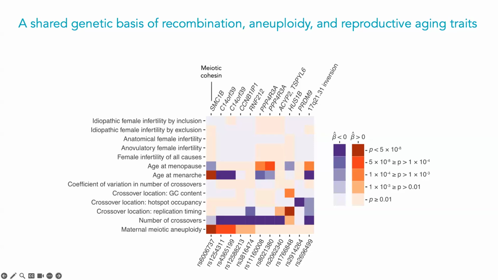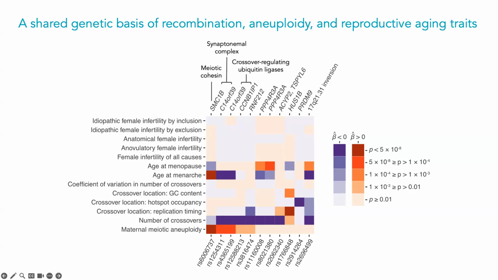These include, as I already talked about, the meiotic cohesin gene SMC1B, but we're also pulling out variants within the synaptonemal complex, this temporary zipper-like structure that forms in early meiosis between the homologous chromosomes to mediate chromosome pairing, as well as these other genes.